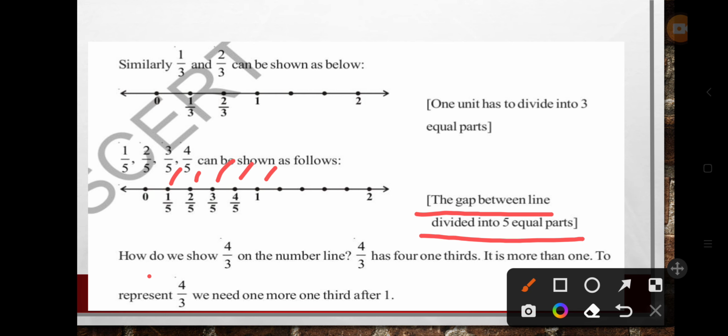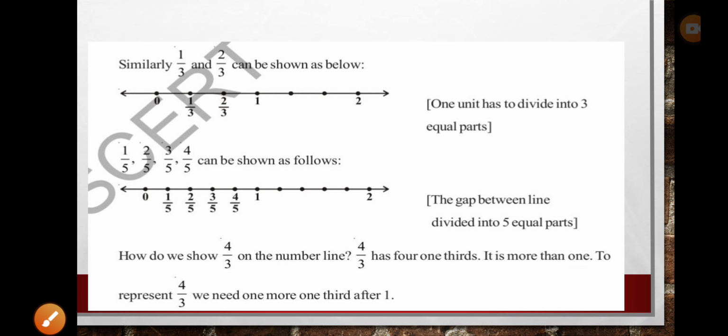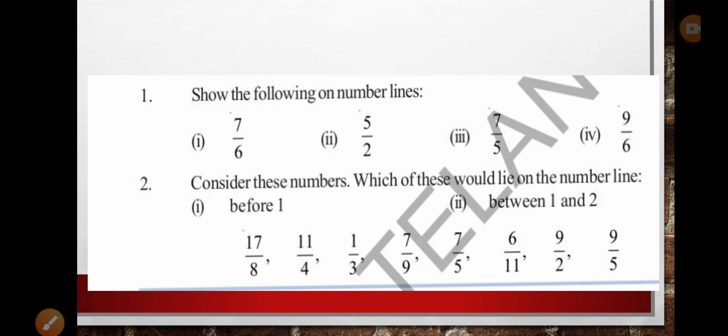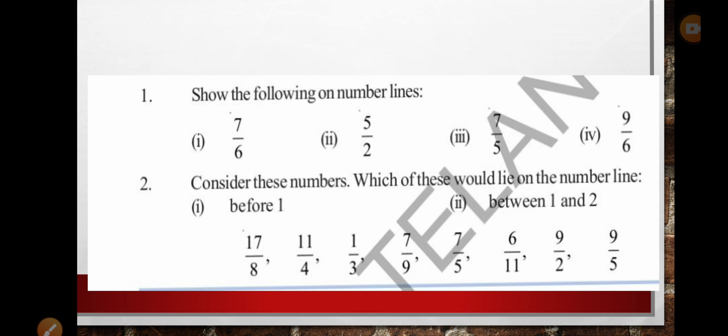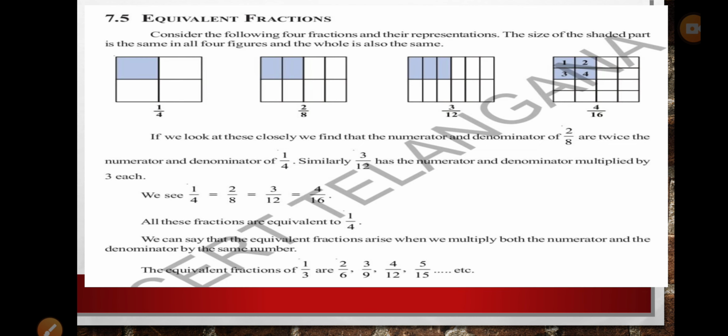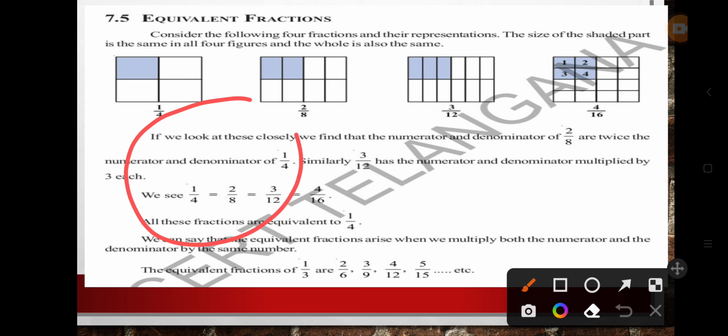Okay, like that we will represent the numbers or these fractions on the number line. Next, equivalent fractions. How we will write these equivalent fractions means, suppose here I will give a small example. Suppose I took a small cake, I divided it into 2 equal parts.